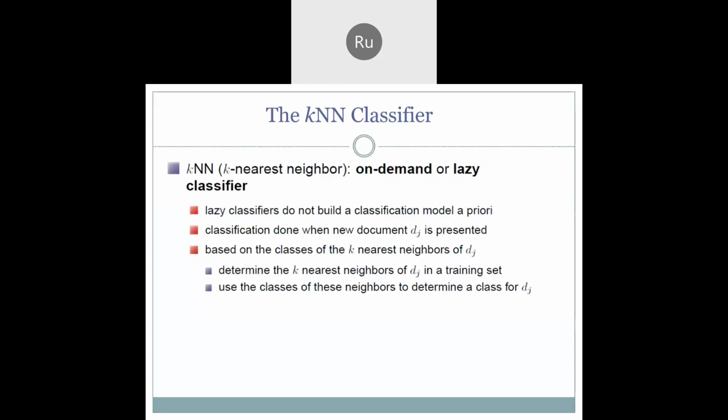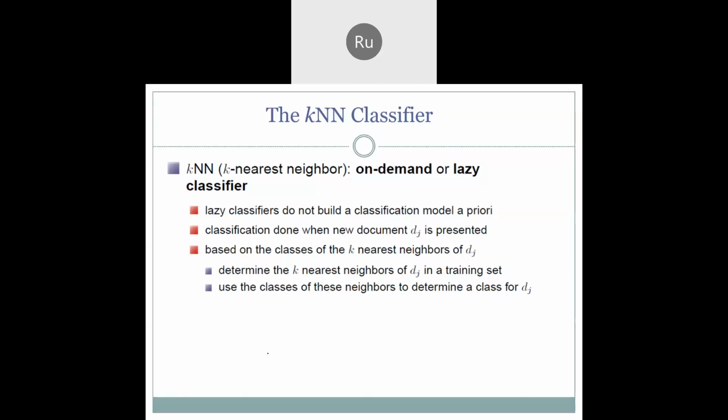Sometimes they call it a lazy classifier because in this approach, we do not train them. Instead, we just measure how far the unseen data is from the documents that belong to different classes.